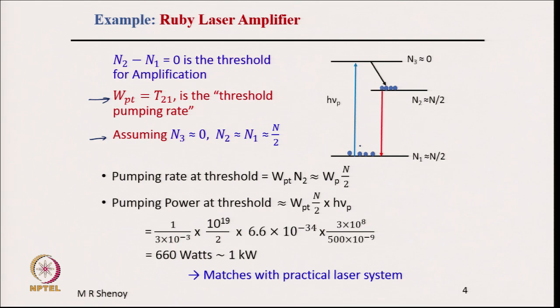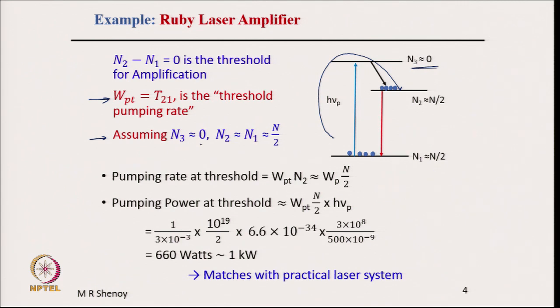Please see the mechanism: the atoms are excited to this level, but from here they rapidly go down here, so that at any instant the number of atoms in the third excited level, or the pump level, N3, is approximately 0 or much smaller compared to these.